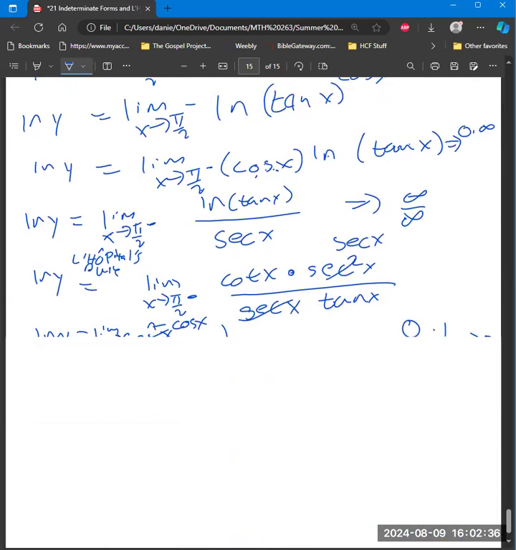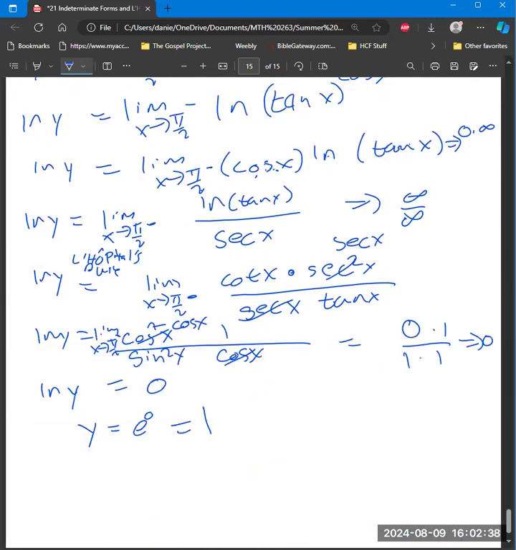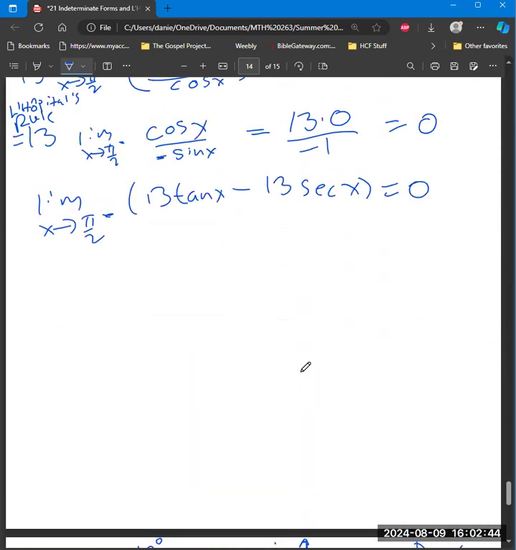All right, that's it for this video. And that kind of, oh no, I've got another one. My apologies. Let's say L, which is this limit, is the limit as x approaches 0 from the right of sine x to the x, which is going to go to 0 to the 0.